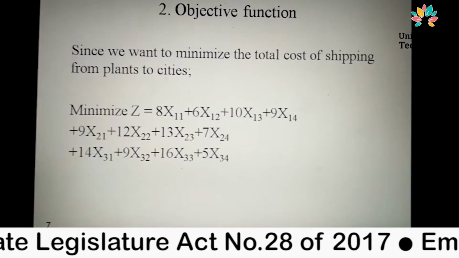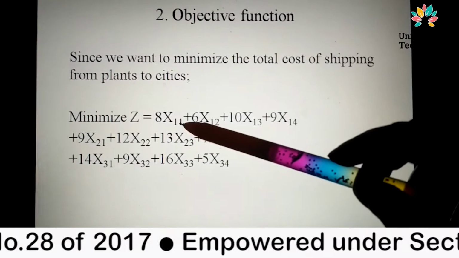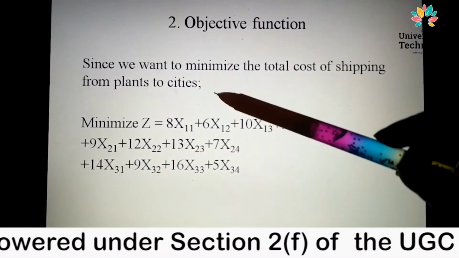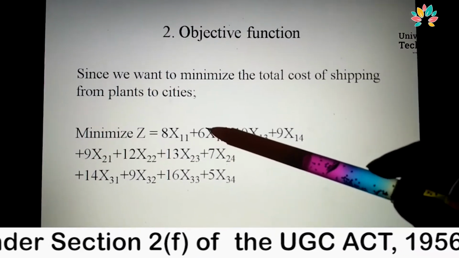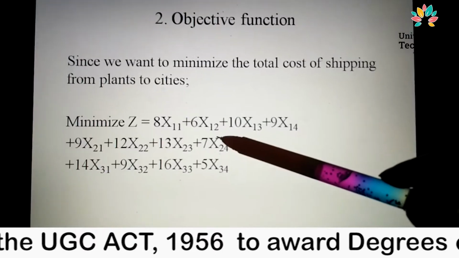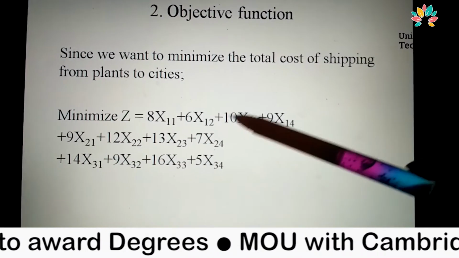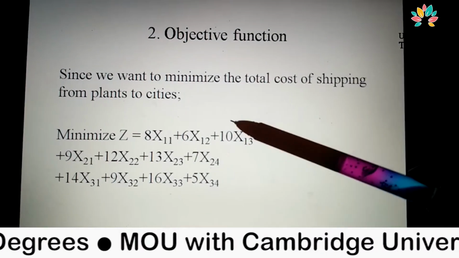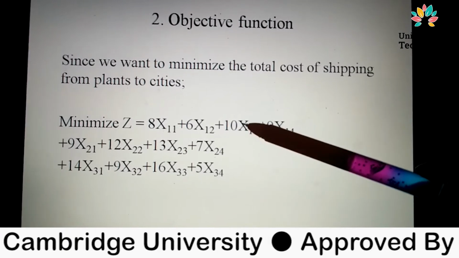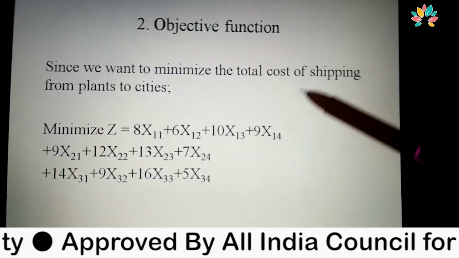Each row's shipping costs are written here. x11 represents the supply from plant 1 to city 1, and 8 is the shipping cost. x12 represents plant 1 to city 2. The shipping cost of plant 1 to city 3 is $10, or 10 rupees.